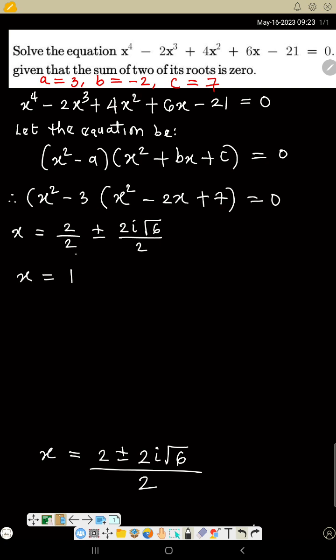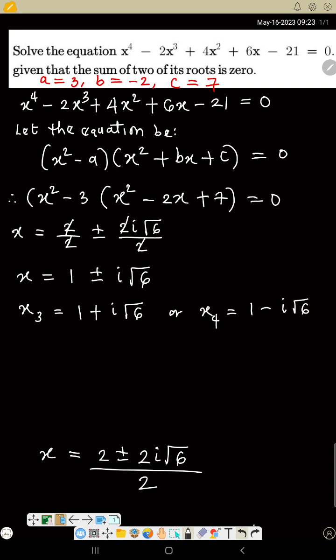So s is 1, so 2 cancels out 2. So 1 plus or minus, 2 cancels out 2 again, i root 6. Meaning s3 is 1 plus i root 6, or s4 is equals to 1 minus i root 6.